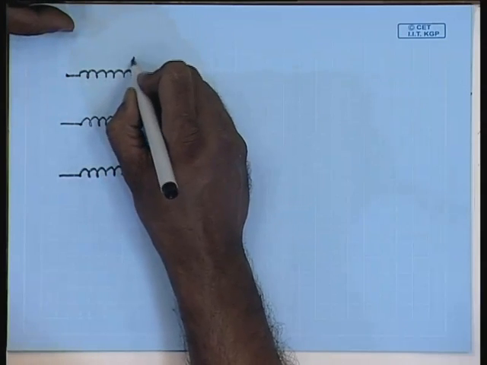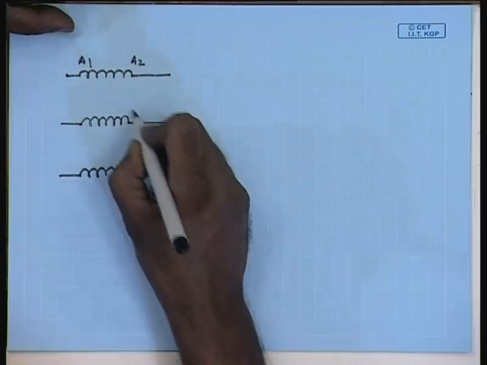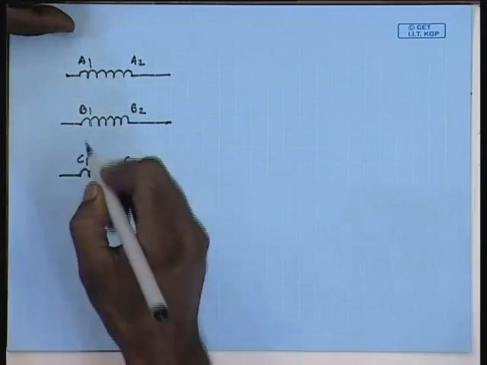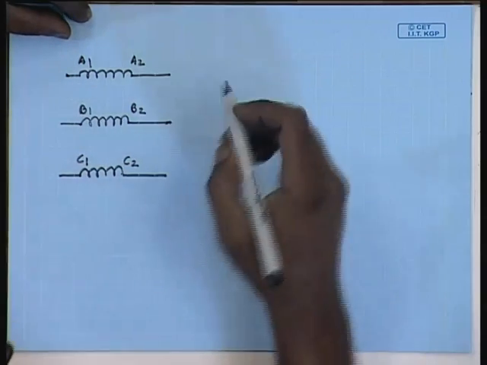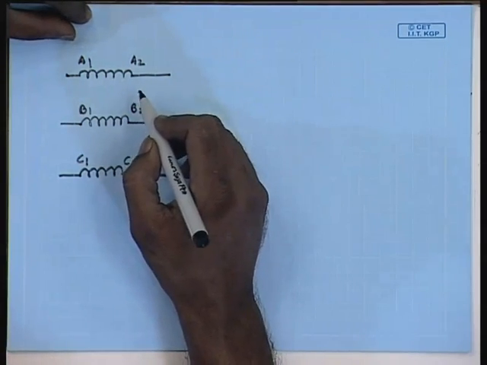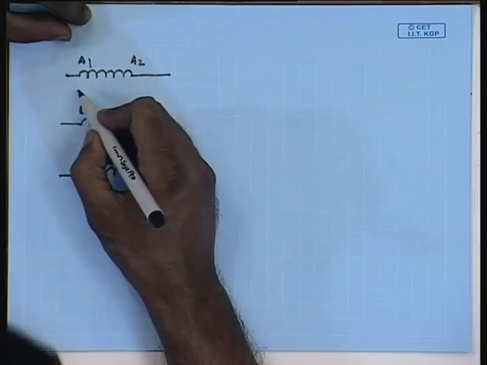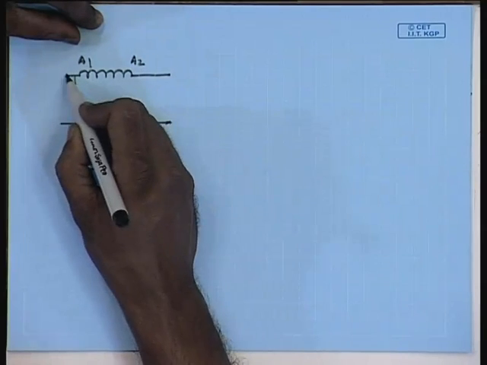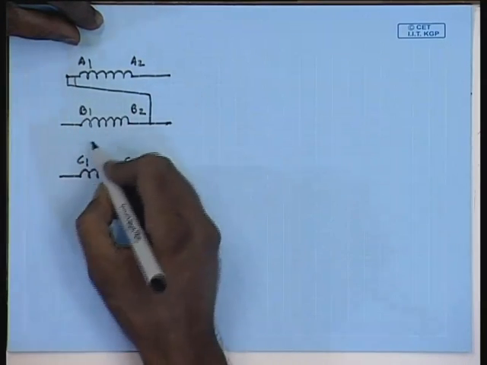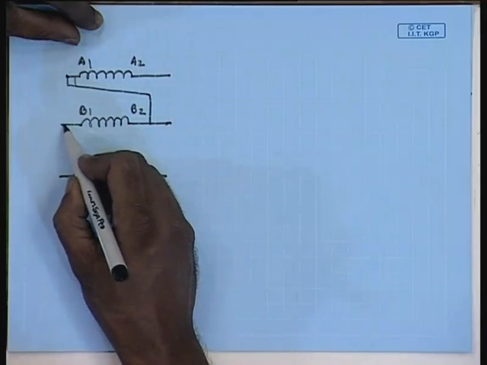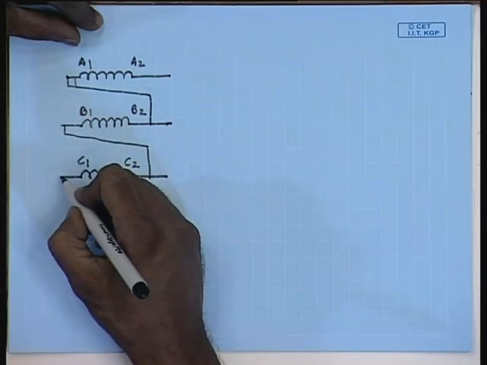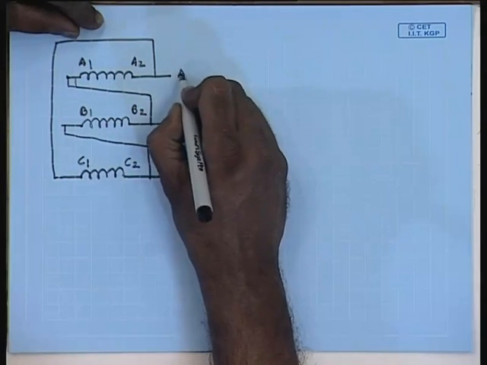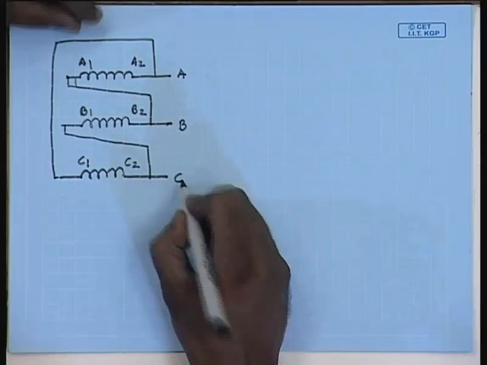This is A2, A1, B2, B1, C2, C1. The delta is formed by connecting A1 to B2, B1 to C2 and C1 to A2. These are the lines A, B, C.